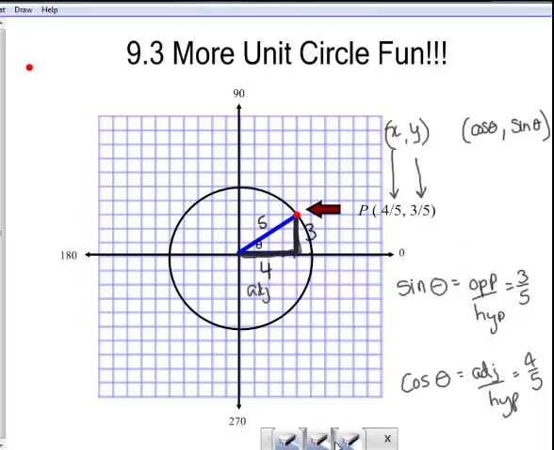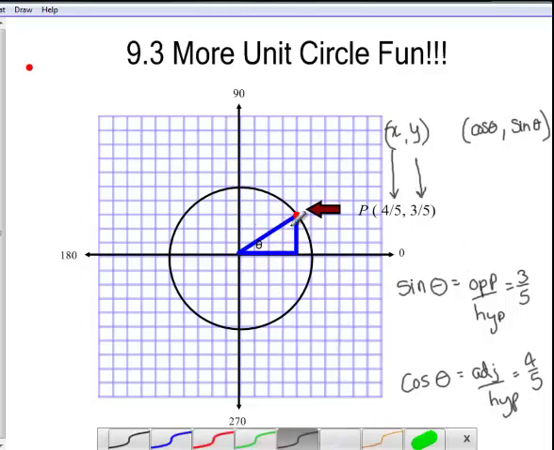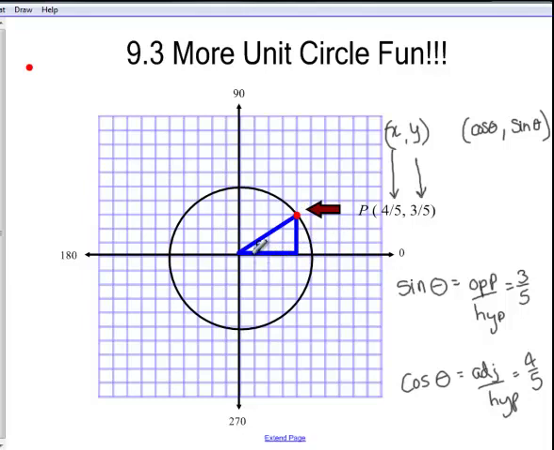So if I had to take this and measure this out, this point is really the point where I go over 4/5 and up 3/5. Get it? Because this is 1, 2, 3, 4, 5.